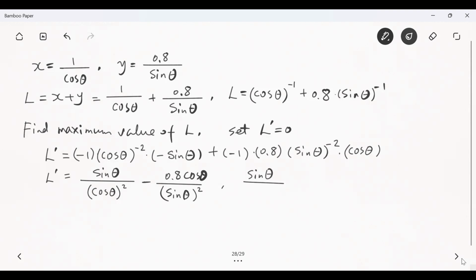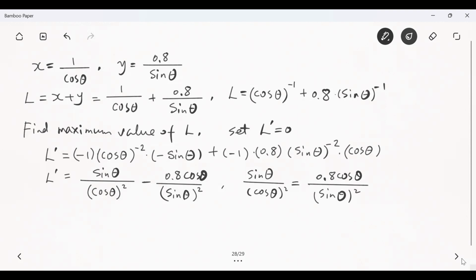If the derivative equals 0, that means sine theta over cosine squared theta equals 0.8 cosine theta over sine squared theta, right? Then we can use cross multiply.